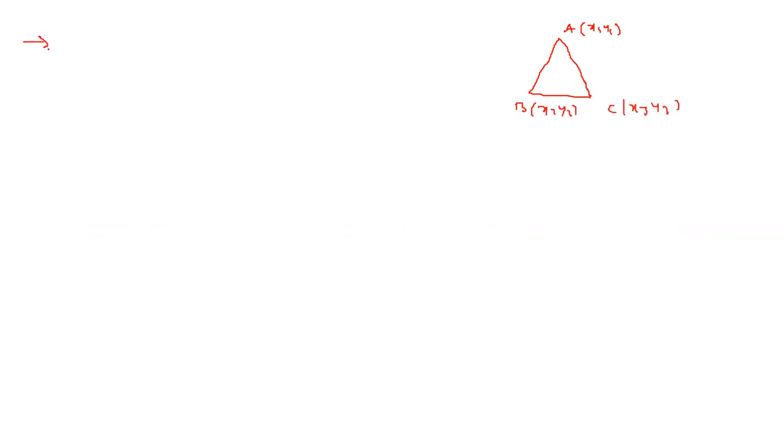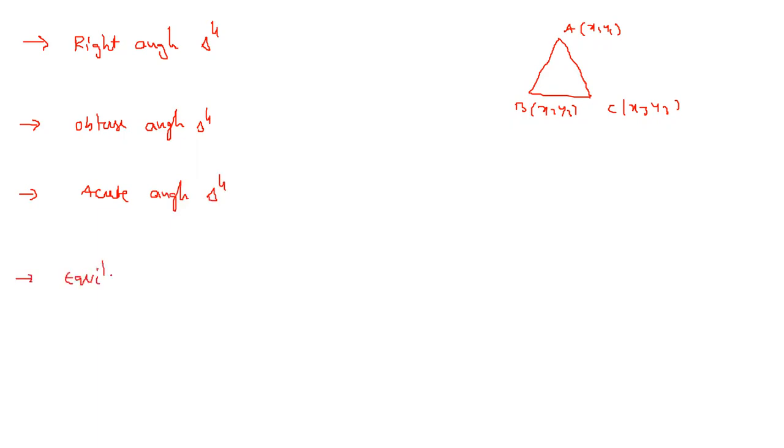What is the condition for triangle ABC to be a right angle triangle, an obtuse angle triangle, an acute angle triangle, an equilateral triangle, a scalene triangle, and an isosceles triangle?